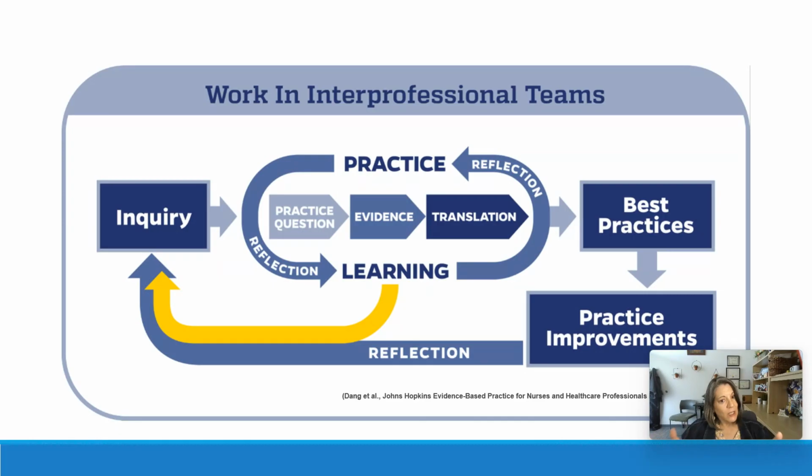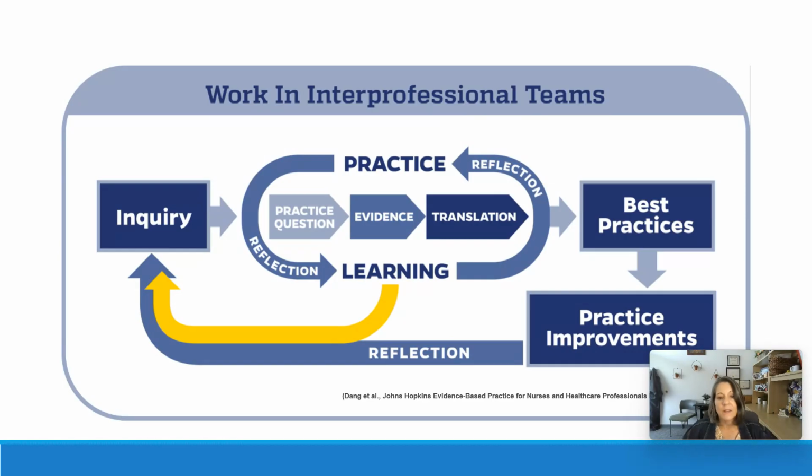All right, I know concept maps and schematics like this may be a little overwhelming, but this is sort of the overall airplane view of what goes on, or the 50,000-foot view in the Johns Hopkins evidence-based practice project. I won't go through each step of this, but basically it's the inquiries. We come up with a question. We look at how we would be using that in practice.